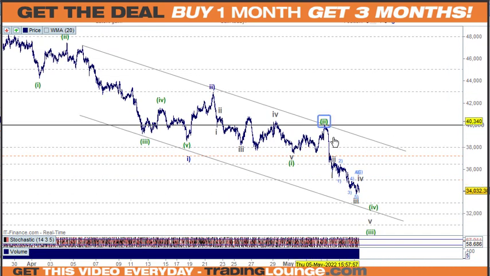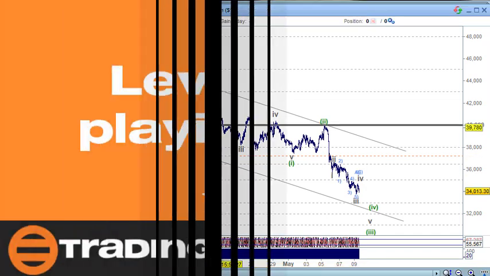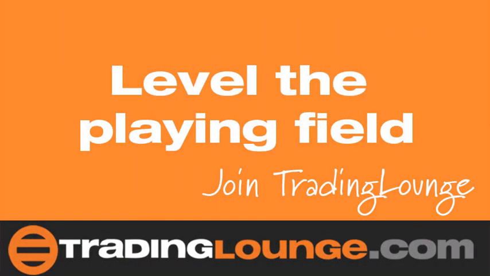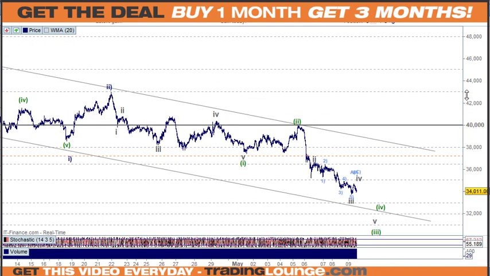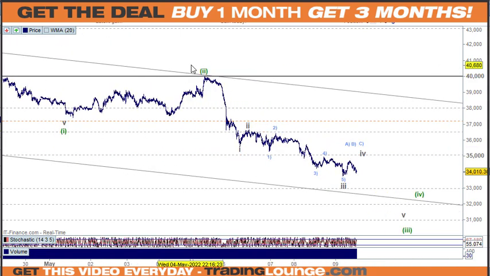So we're starting to see this strong move down here, so that means that it's a 3rd wave, so we could look at it as the 3rd of the 3rd and of the 3rd here. So that appears to be 5 waves here.